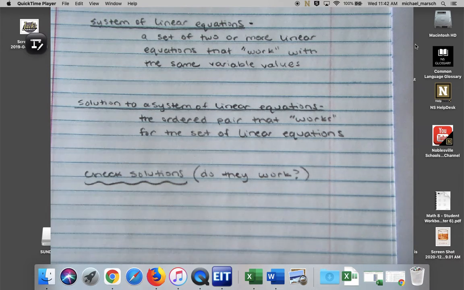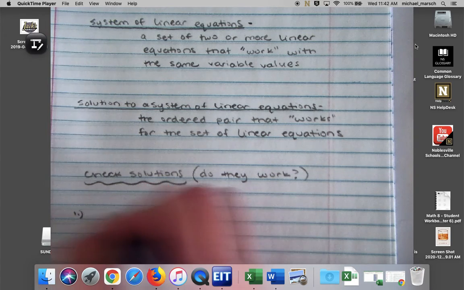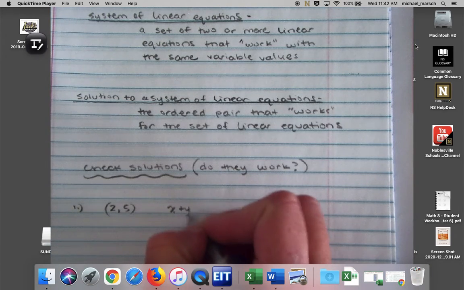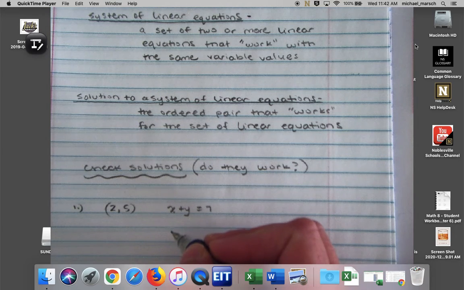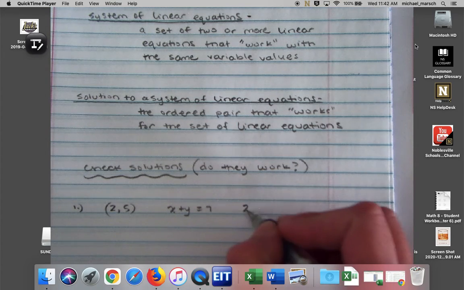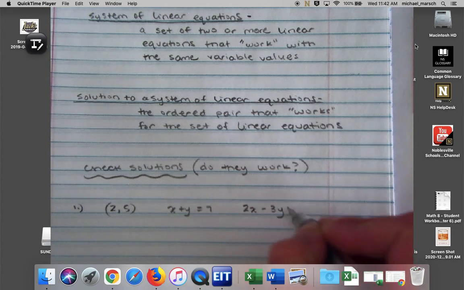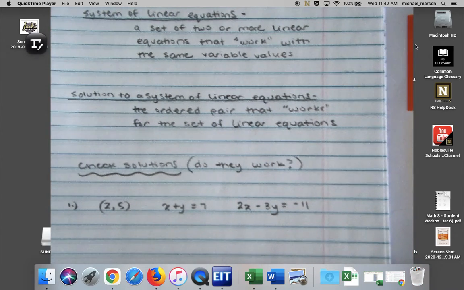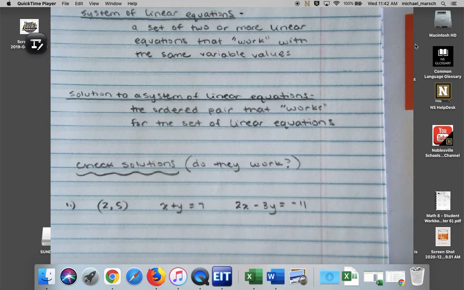So if I give you the ordered pair 2, 5, we have to figure out, will it work for both?